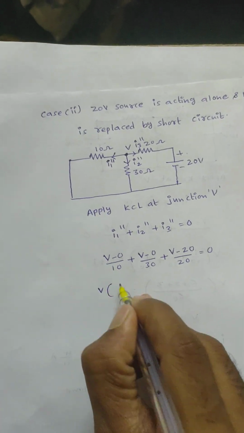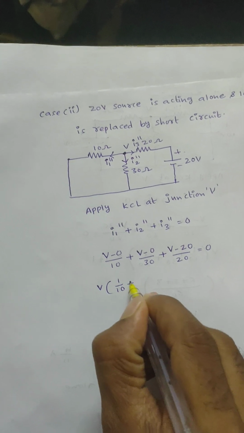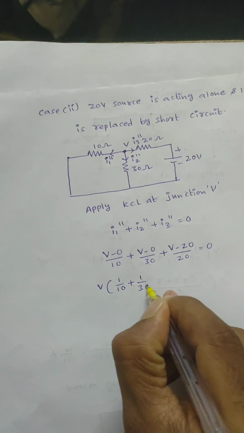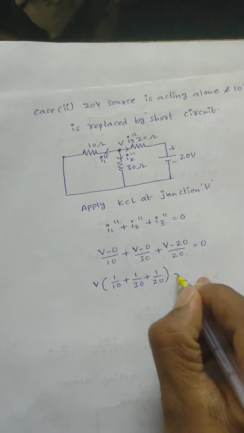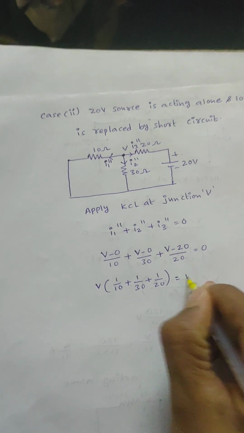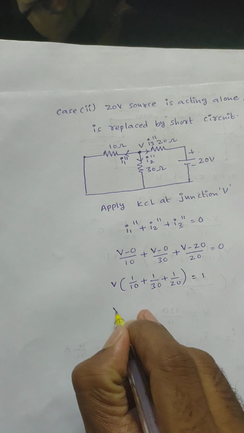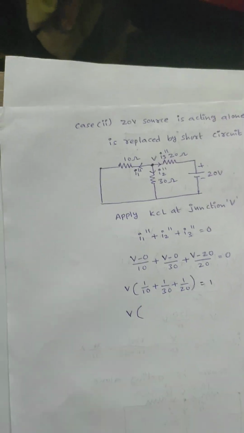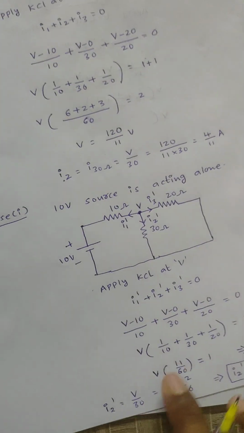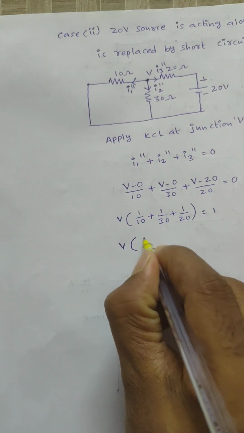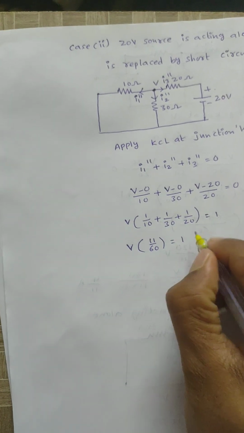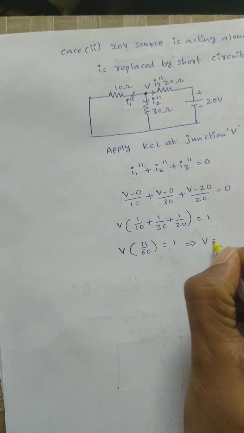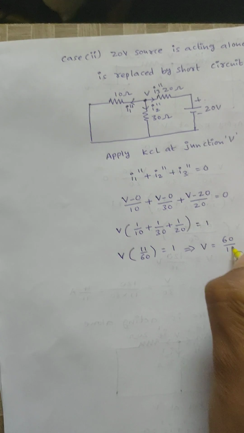If I take V as common here, 1 by 10 plus 1 by 30 plus 1 by 20 is equals to minus 20 by 20. I can take on RHS side, I will get 1, right? If I simplify this equation, 1 by 10 plus 1 by 20 plus 1 by 30 value will be 11 by 60, right? 11 by 60 is equals to V, and V is equals to 60 by 11, right?